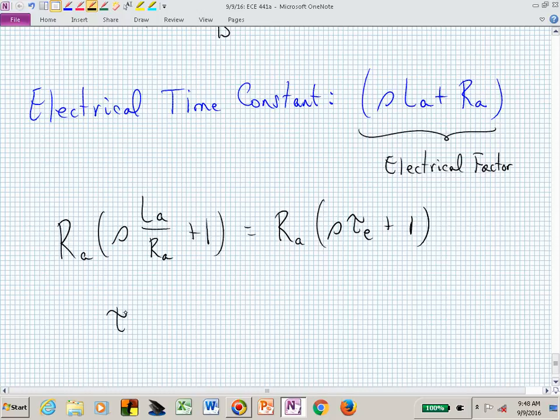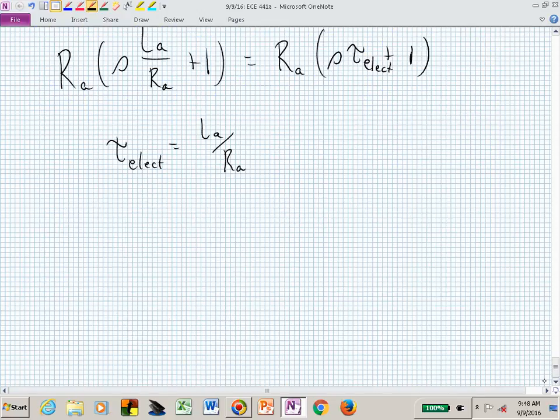Or the electrical time constant is L over R. Does that sound familiar? L over R being a time constant.